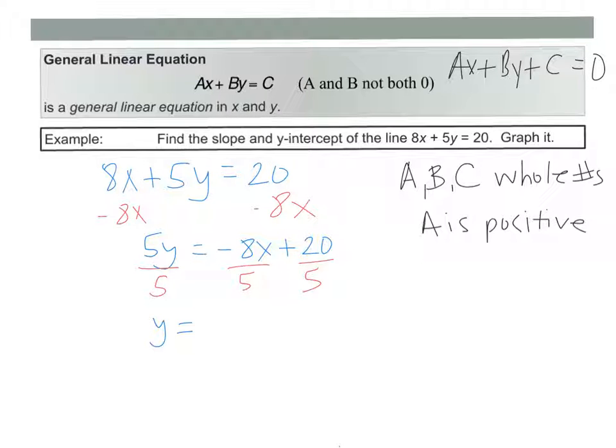So it's negative 8 over 5 x plus 4. So if I graphed this, and I'm certainly not going to do it very neatly, I'd go through 4 on the y-axis, and then I would go down 8 over 5, down 8 over 5, and I would connect them like that.